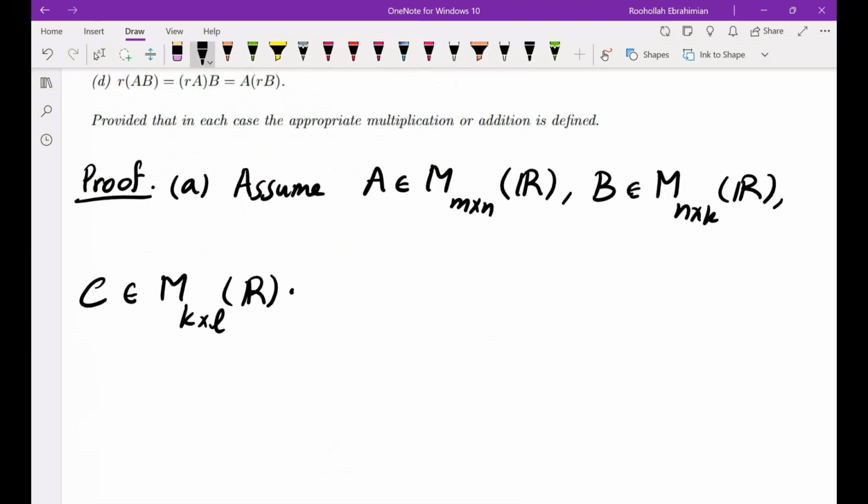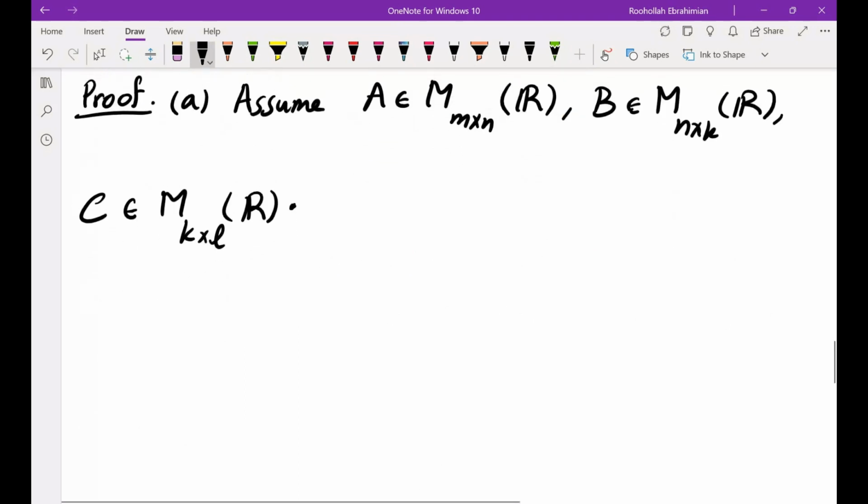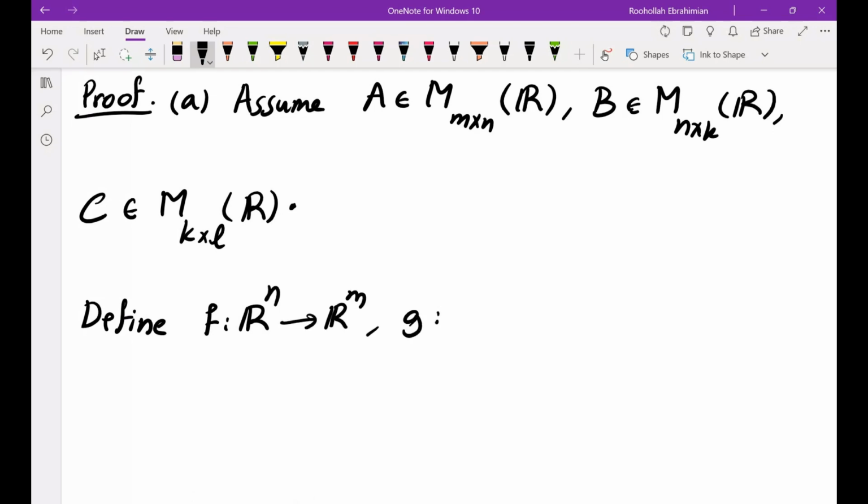Now, there are ways to prove this one, but perhaps the easiest way would be to use what we just saw about multiplication of matrices and linear transformations. So define these linear transformations. Define f from Rn to Rm, g from Rk to Rn, and h from Rl to Rk.